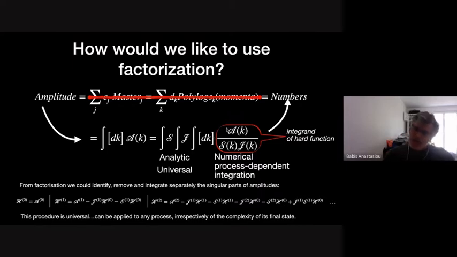And what we have here is the numerical piece that corresponds to hard scattering. It's the amplitude integrand divided by the soft and the jet factors. In principle, this should be free of singularities. And if so, then we should be able to integrate it out.